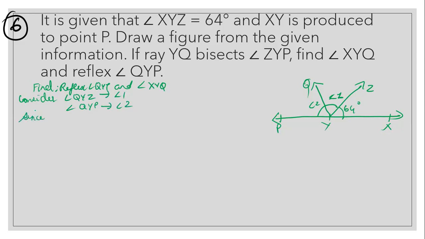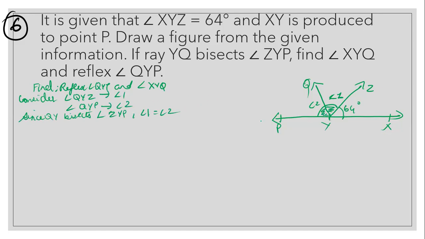Since QY bisects angle ZYP, angle 1 is equal to angle 2. That means this angle is equal to this angle. Okay, keep this in mind.